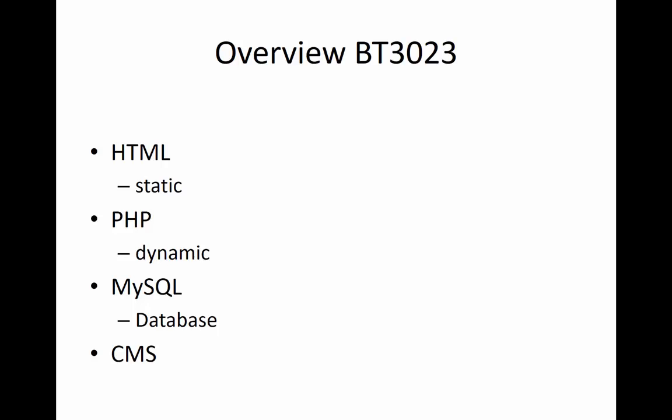So it became more or less the dominant language. That's why places like Facebook, MediaWiki, that's the software behind Wikipedia, and so on, are all programmed in PHP. WordPress, I mentioned it before, or the CMS we're going to use, Joomla, also programmed in PHP.